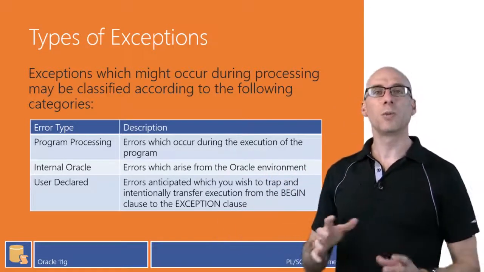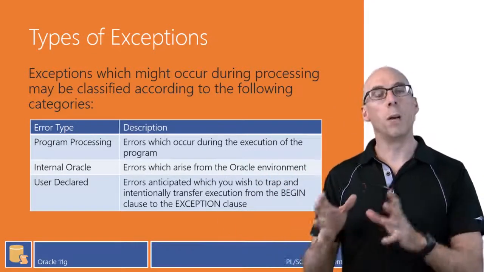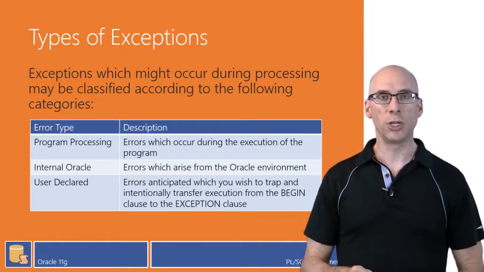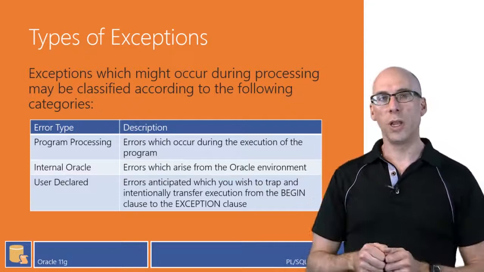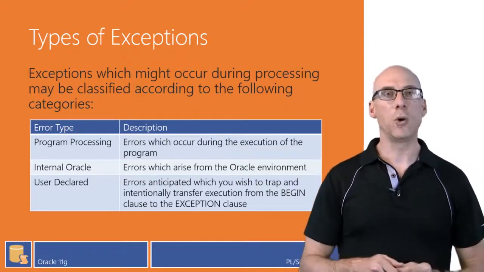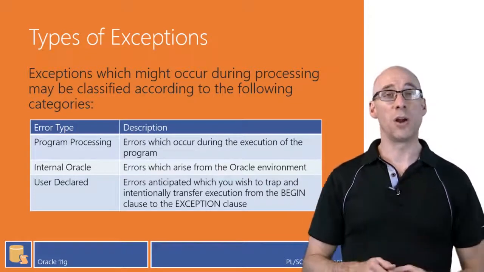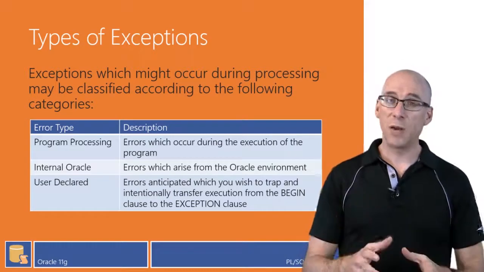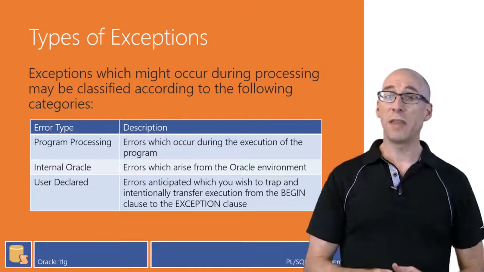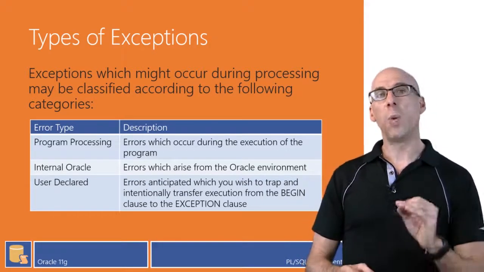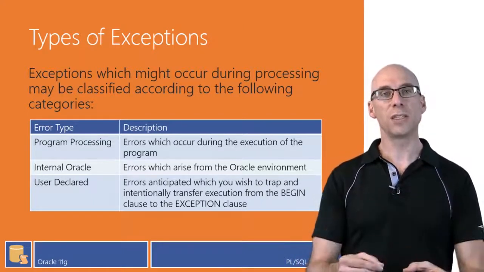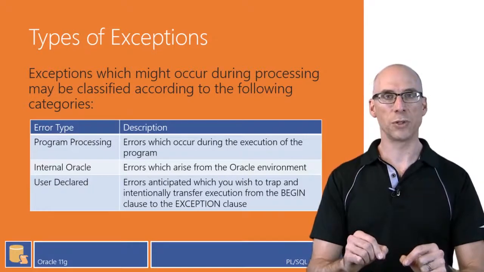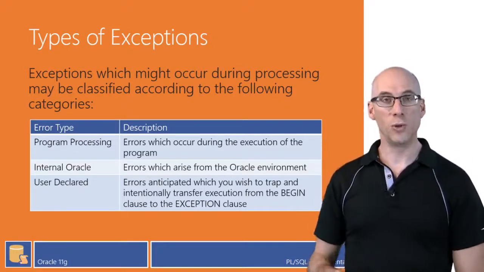Now basically we're going to discuss it later on, but a user declared exception is one where we know what the error code is and we want to give that error code a name that we can use within our application. So it's a very simple process. It's really not that difficult to do. And what it also does for us is it allows us to test for specific errors. And I'm going to show you how we do that. It's pretty cool.